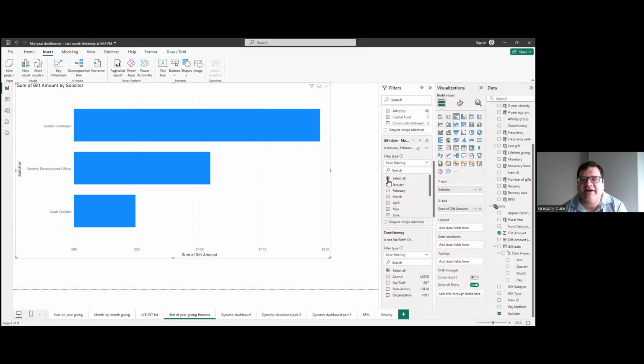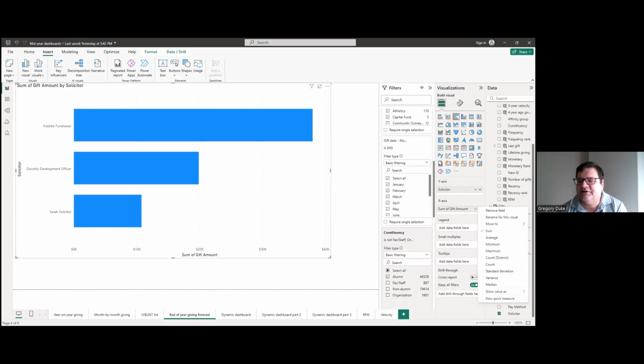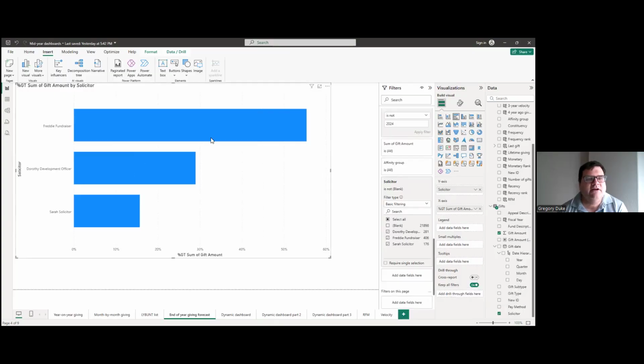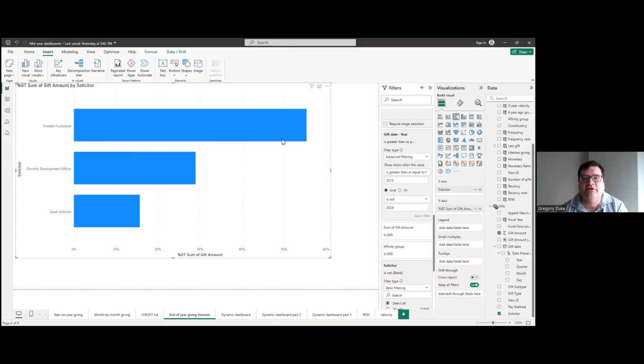We can compare that by selecting all, and let's do a percentage. So we're doing like for like here. So throughout the whole fiscal year, Sarah Solicitor raised 15.68% of solicited gifts.